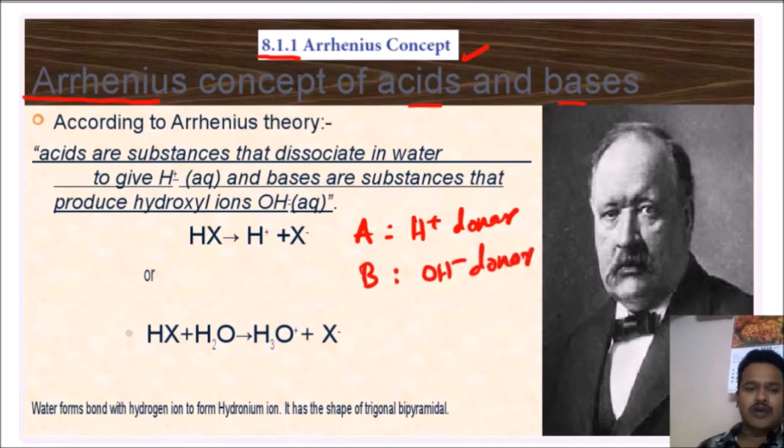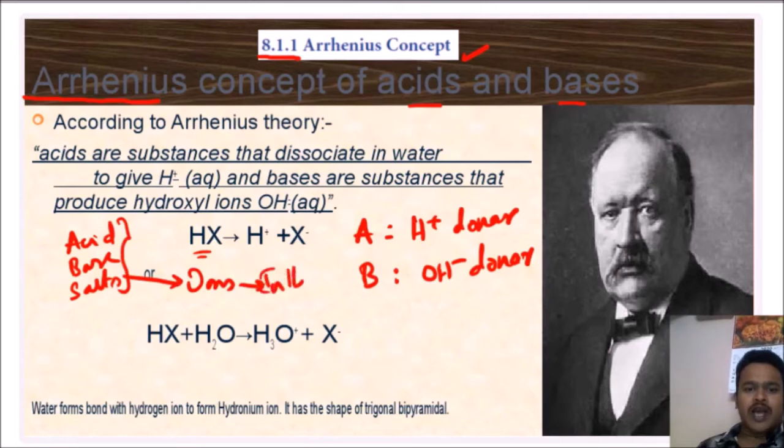That's it. They give an example here: HX giving H plus and X minus, so HX is an acid. Remember, anything, whether acid, base, or salt, converts into ions only in the presence of water, in aqueous medium.